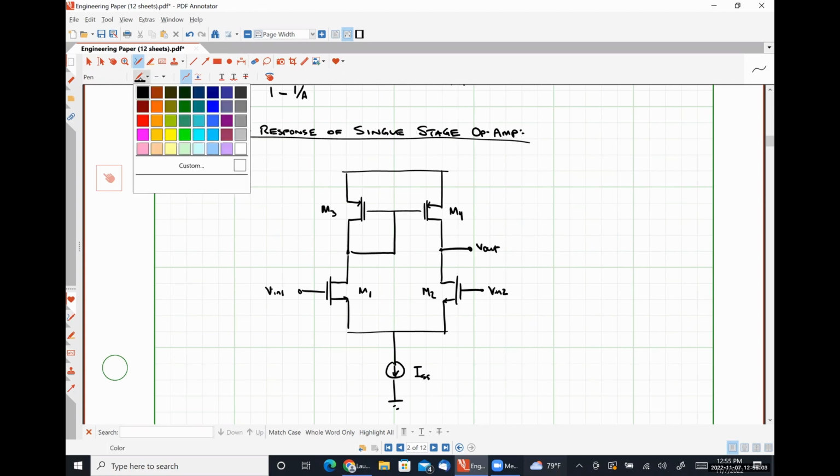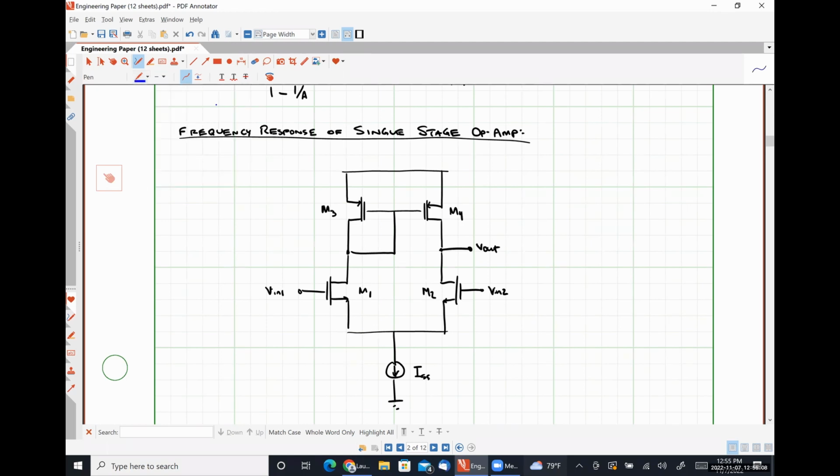So what's interesting, slash kind of annoying, about this particular circuit is that it is asymmetrical, which means we can't use the half circuit to determine its frequency response. If it were symmetrical, we could just look at the frequency response of a common source amplifier, which is pretty well behaved.